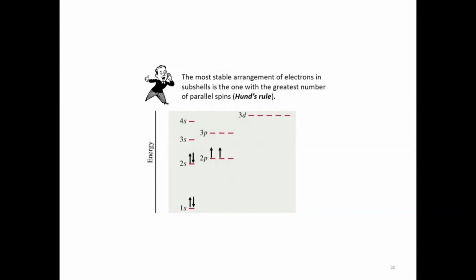I could have put it on the right-hand one. That's fine. Another way of saying this is that as long as there are unoccupied orbitals in a subshell, you have to start by distributing electrons into the unoccupied orbitals before you start pairing them up. All right? So carbon would have a configuration 1s2, 2s2, 2p2.